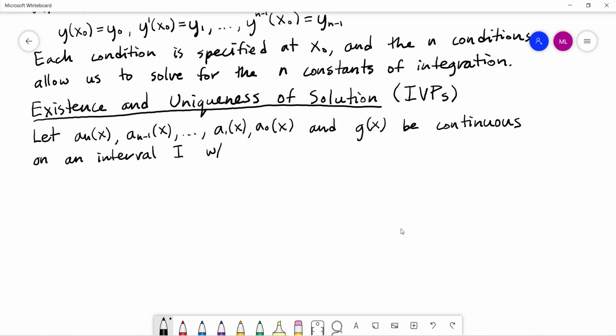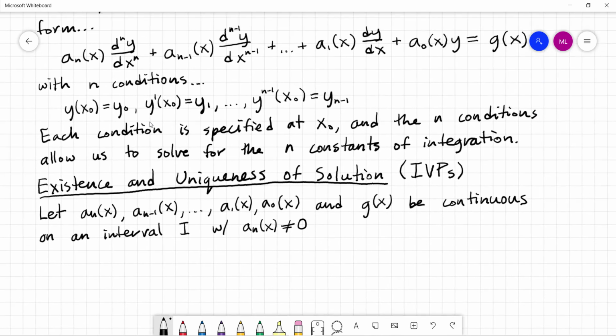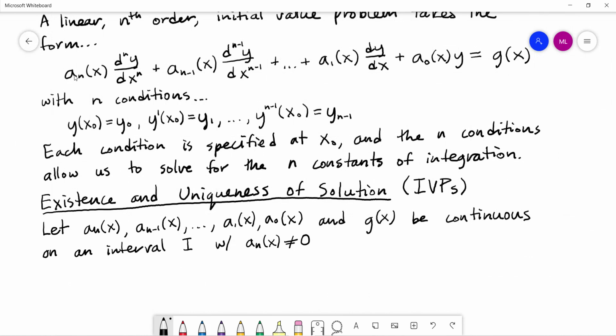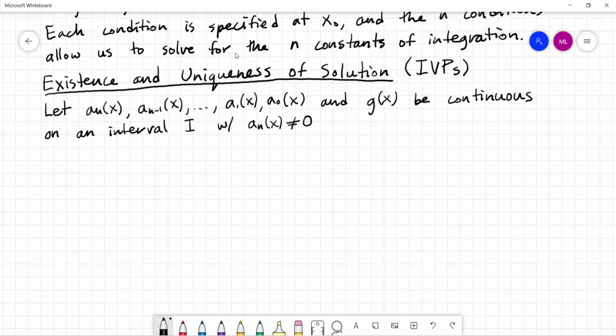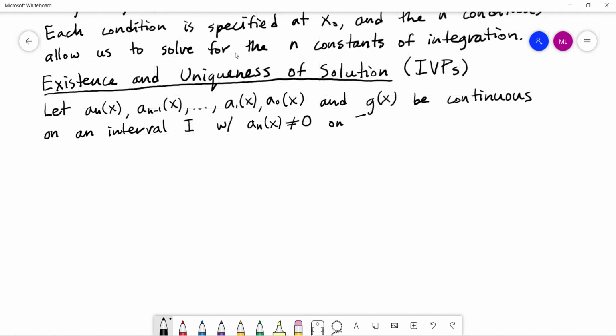And let's just make sure that the a_n(x) term can't be equal to 0, because if this term was equal to 0, and we go back up to the equation here, that would mean this term was 0, it would kill off this entire piece, and we wouldn't actually have an nth order differential equation. We'd really only have an (n-1)th order differential equation. So we need to make sure that leading term can't be 0, at least not on the interval that we care about.